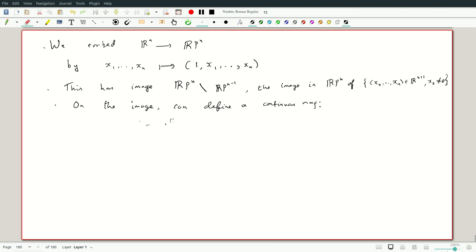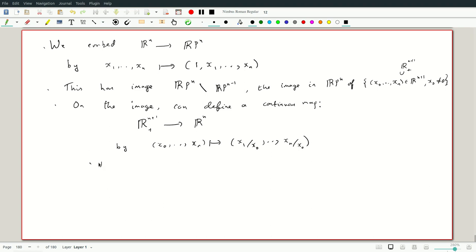Let's just call the domain R^(n+1) positive or something. So define the map R^(n+1) positive to R^n, by, if I have (x0, ..., xn), I just divide everything by x0: x1 by x0, ..., xn by x0.